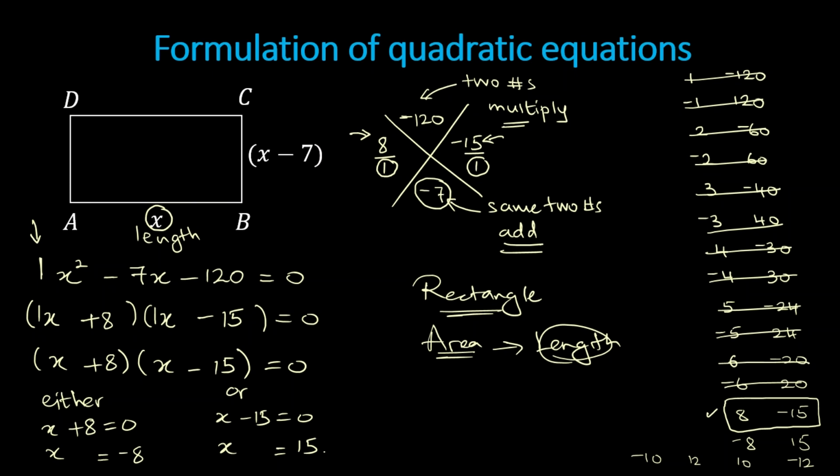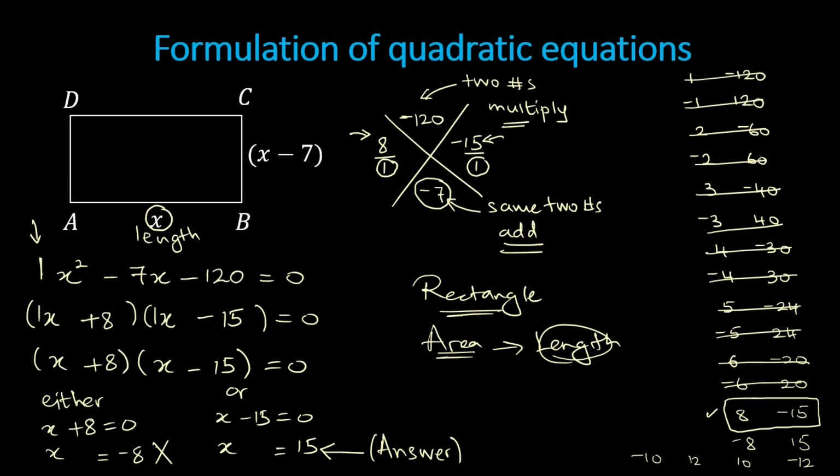So in this question, we have to take x as positive 15 to be the final answer, because x cannot be negative.